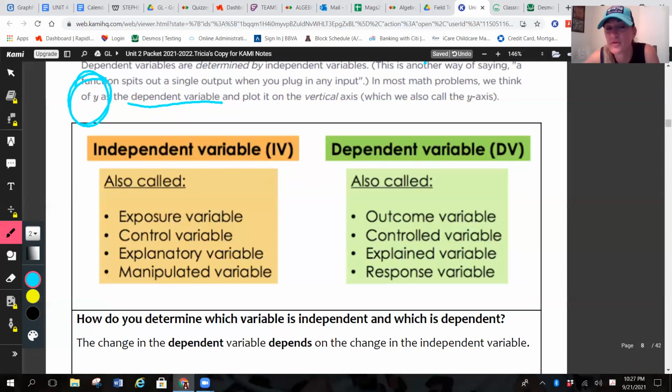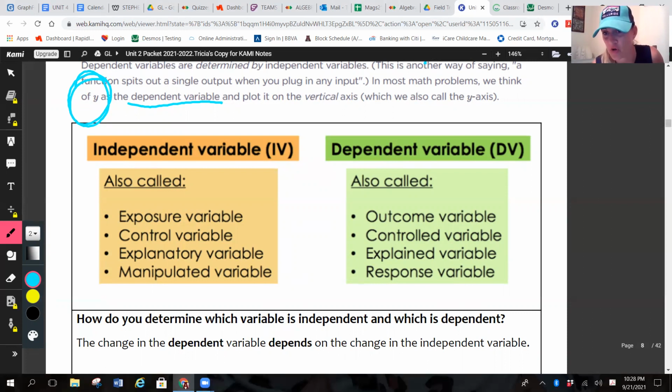Okay, so here's some other words you may hear. For independent variable, I for independent, V for variable, IV, independent variable. You might hear the words exposure variable, probably not much. Control variable, a little bit. Explanatory variable, never called it that. Manipulated variable, that makes sense.